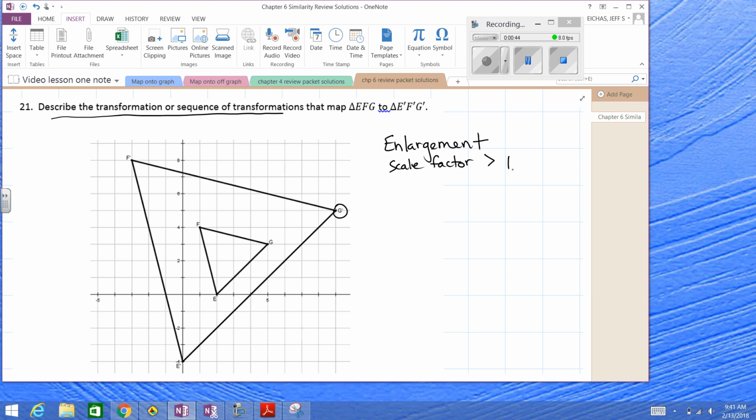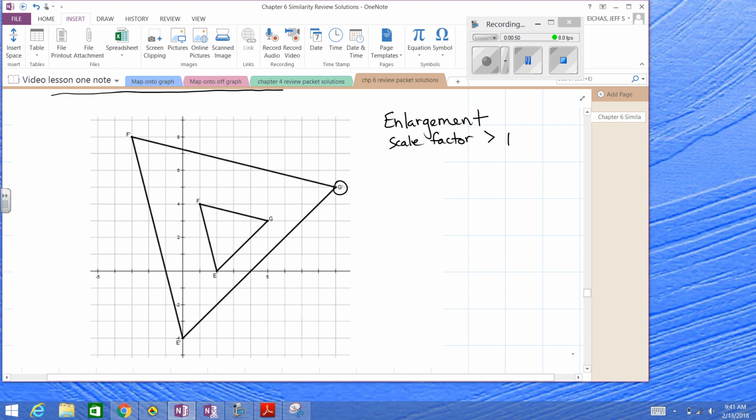What I'm going to look for is how much bigger is it? I can also look at, yeah, let's draw this too. Let's find the center. The center is somewhere located on the line connecting G and G prime.